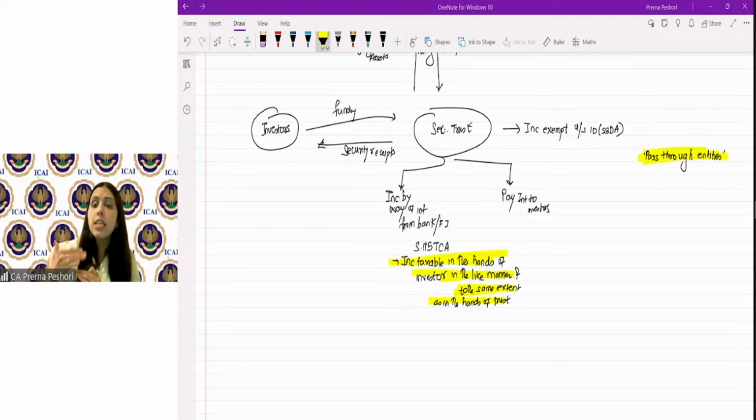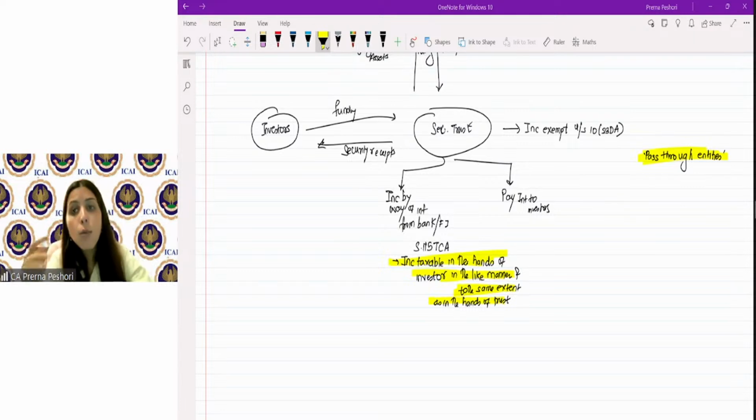Whatever proportion is distributed to the investor, that shall be bifurcated in those two heads only in the same proportion as the income was arising in the hands of the securitization trust. Are we getting that? So that is the meaning of the same manner and to the like extent.